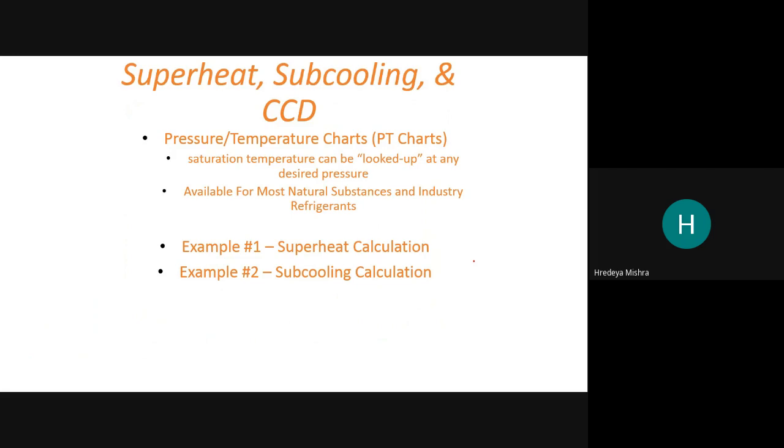So see, the pressure temperature chart. Saturation temperature can be looked up at any desired pressure, available for most natural substances and industry refrigerants. Example 1, superheat calculation, and example 2, subcooling calculation.